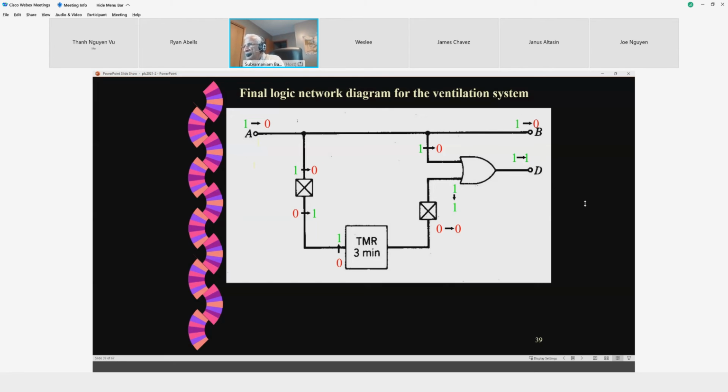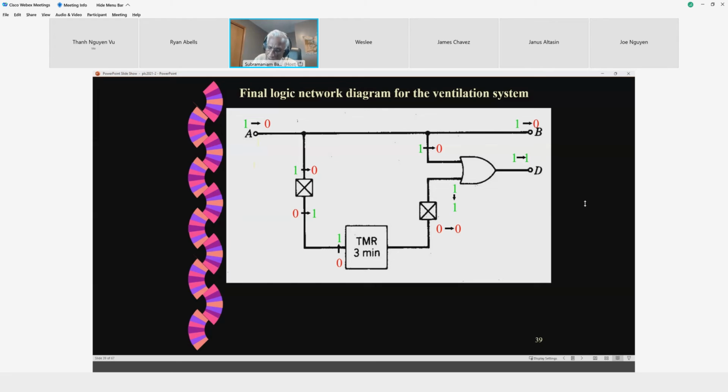So it is shown as 0 as input from the timer at t equal to 0 to t equal to 2.9999 minutes. So if the input to the NOT is a 0, the output from the NOT is a 1. So the other input to the OR will be maintained as 1 for 2.999999 minutes. That means D will be kept at 1.